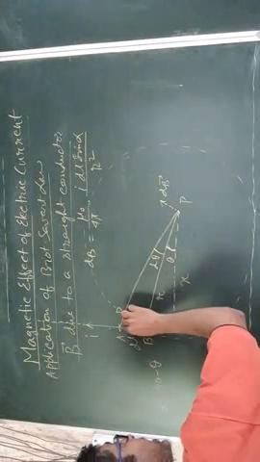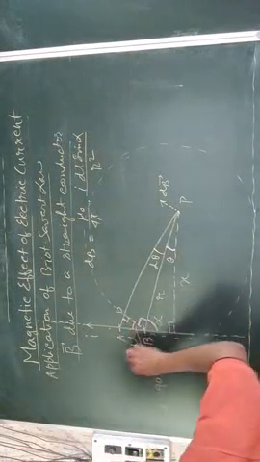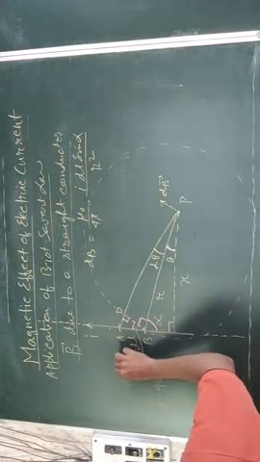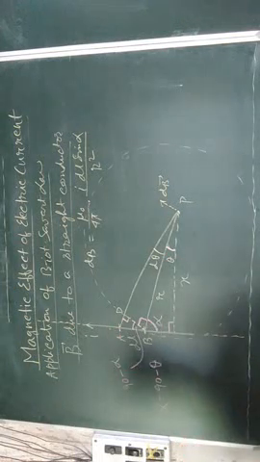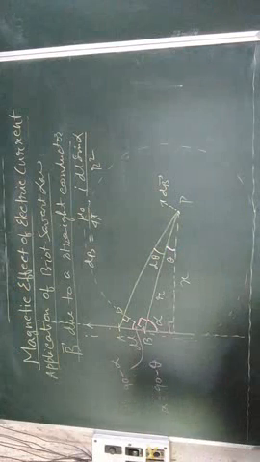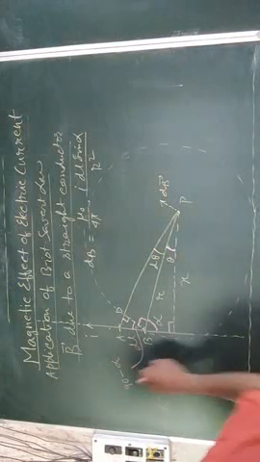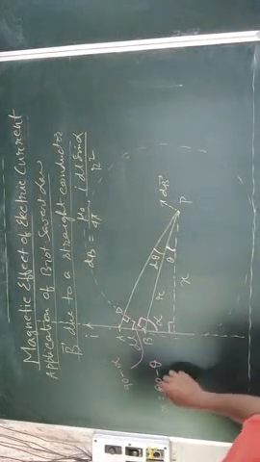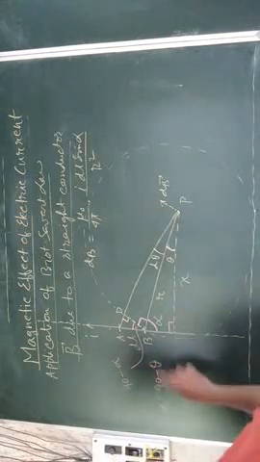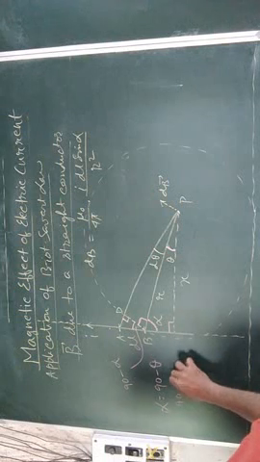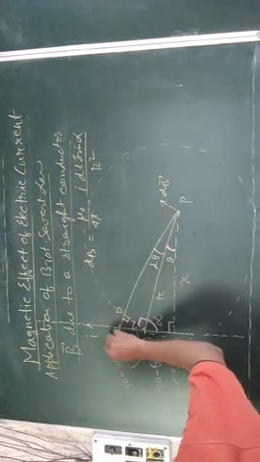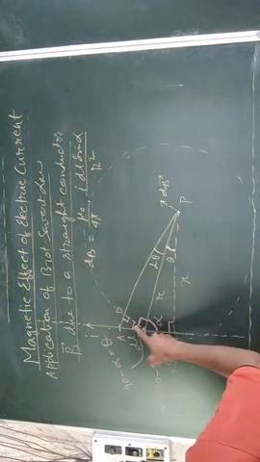So this angle is obviously 90 minus alpha. Since this is 90 minus alpha, and in this triangle, we have already seen that 90 minus alpha is equal to theta. So this angle is also theta.